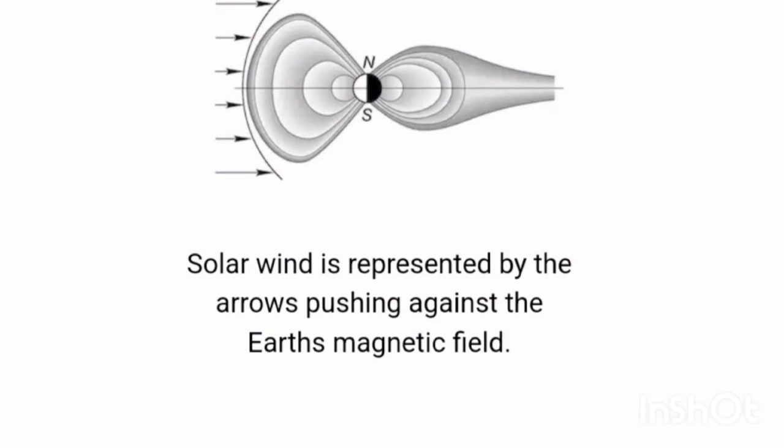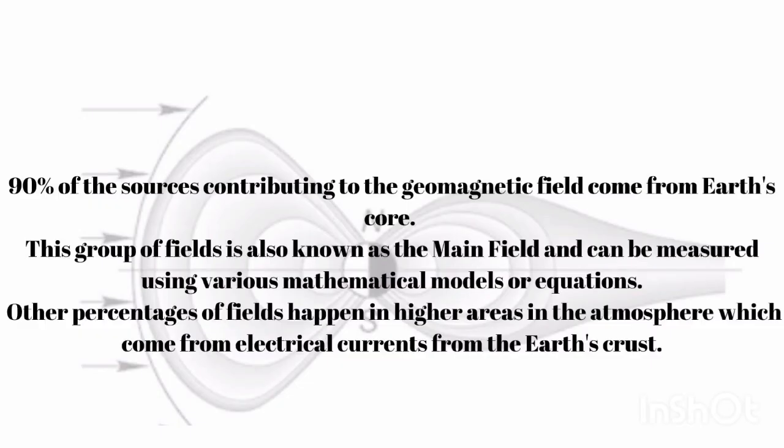90% of the sources contributing to the geomagnetic field come from Earth's core. This group of field is known as main field, and it can be measured using various mathematical models or equations.